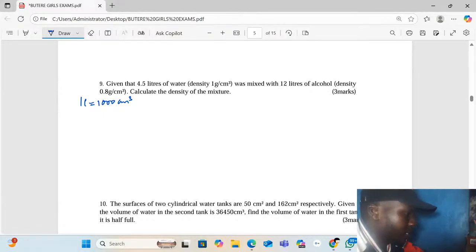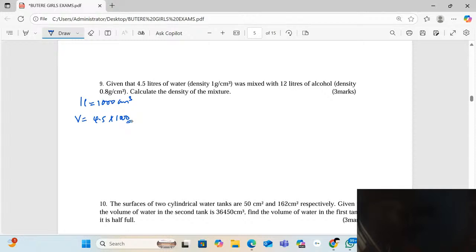So the volume of water will be 4.5 liters times 1,000, so that we have 4,500 cubic centimeters.